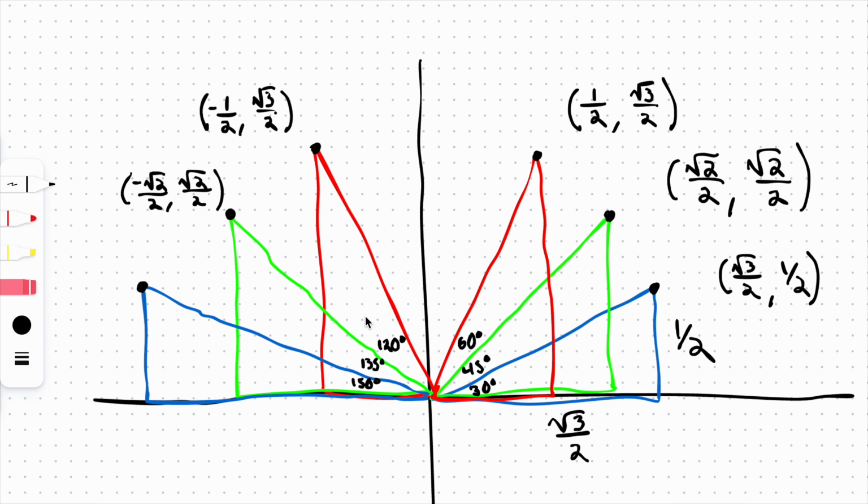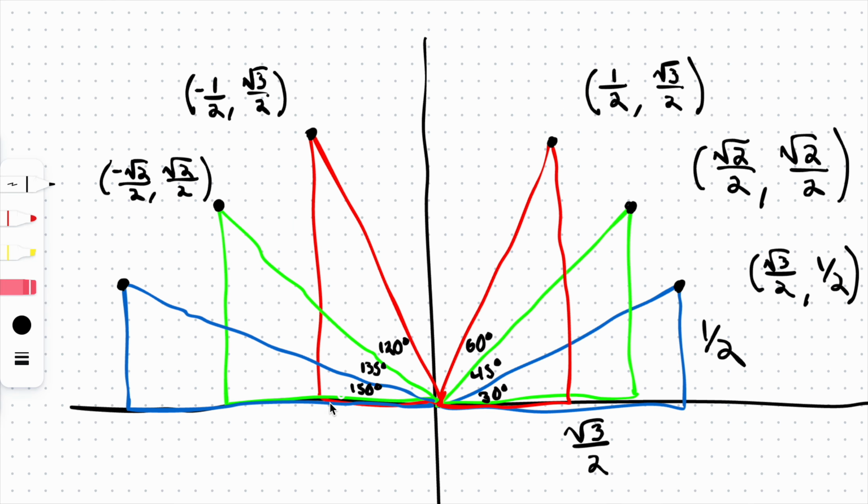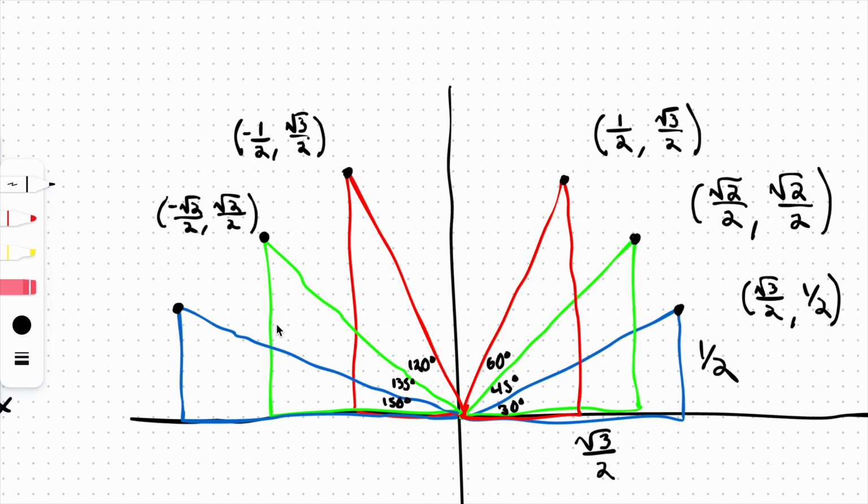That's convention. Okay, so for 150 degrees, this blue triangle, which is our 30-degree triangle, has the exact same coordinates as our blue triangle over here, except again, we have a negative x value.